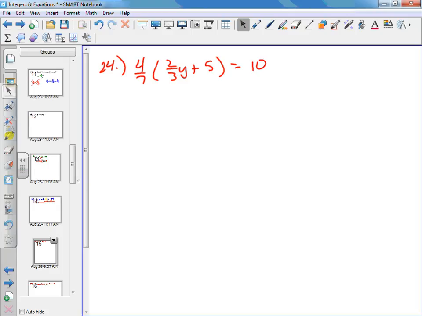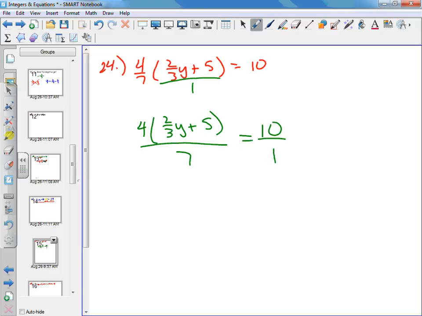This is number 24. Okay? Now, easy way to do this, put it over 1, and you're going to have 4 times the 2/3 y plus 5 all over the 7 is equal to 10 over 1. Then what can you do, Rachel? I could.